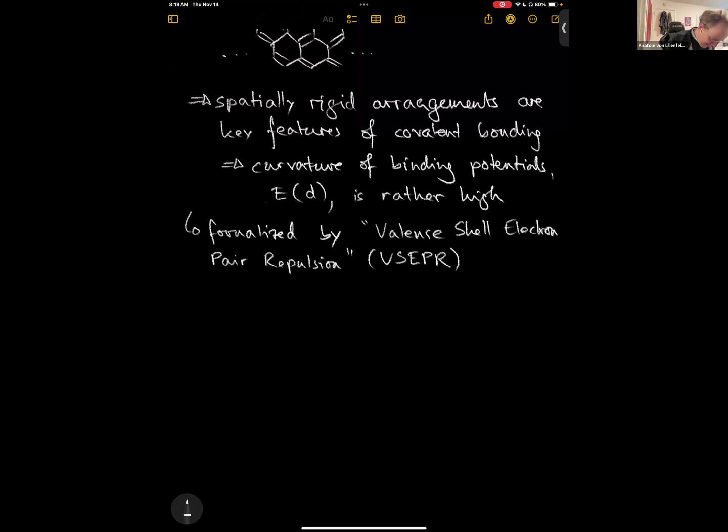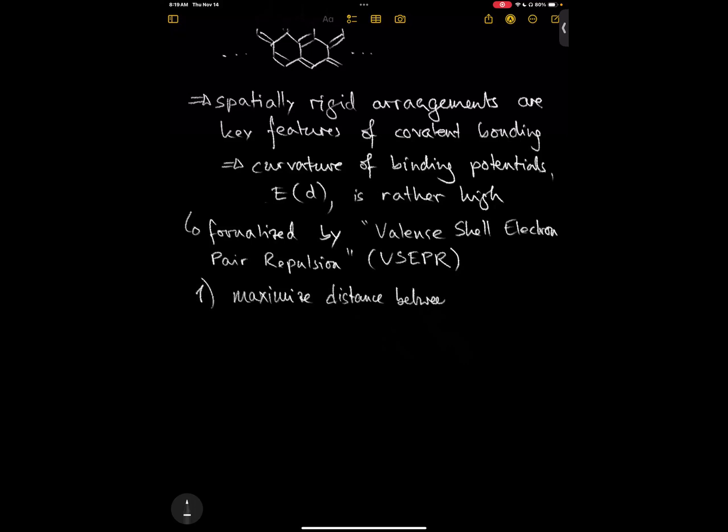The first rule states that you want to maximize the distance between the sigma and lone pair and pi electrons.